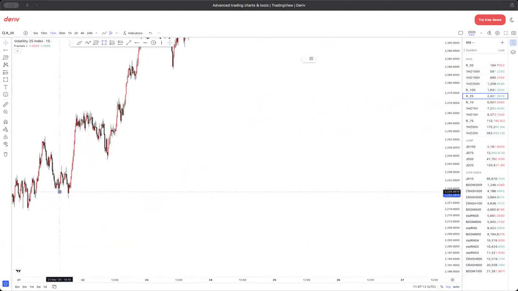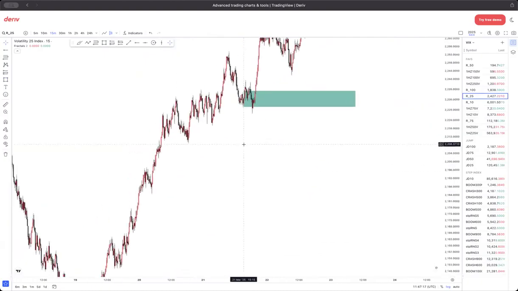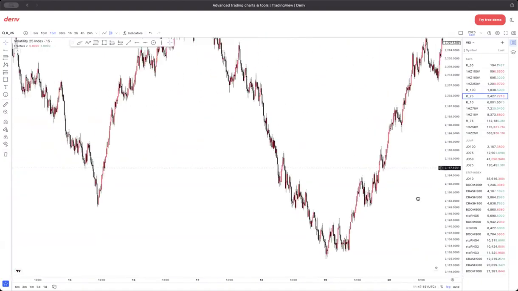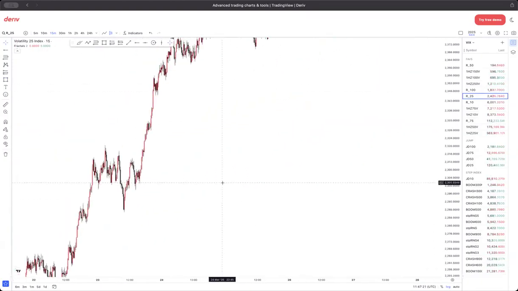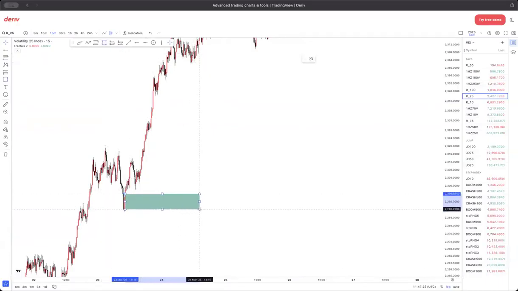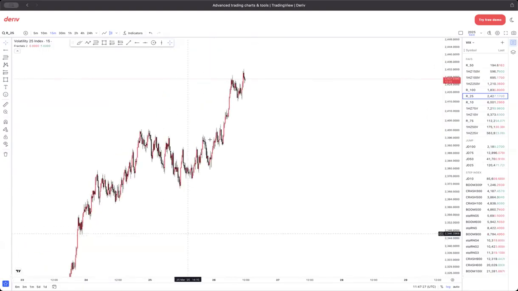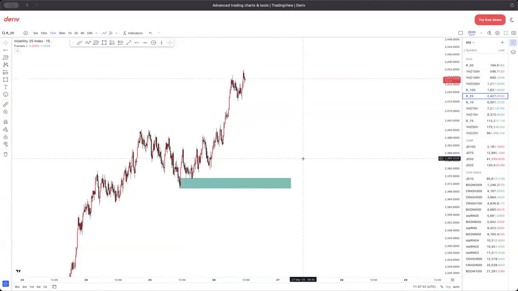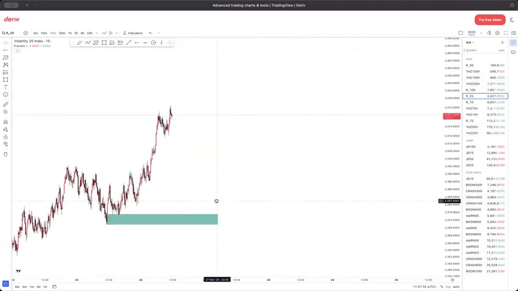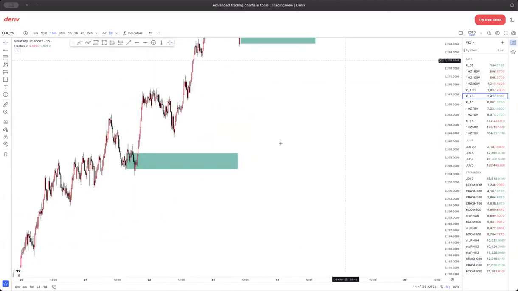I once had this buy setup here, but price did not come back. Price was just buying. I was just looking out for buys, but V25 did not tag me along on any of these buy POIs. I think this was the recent one I had. Price did not tag me along.